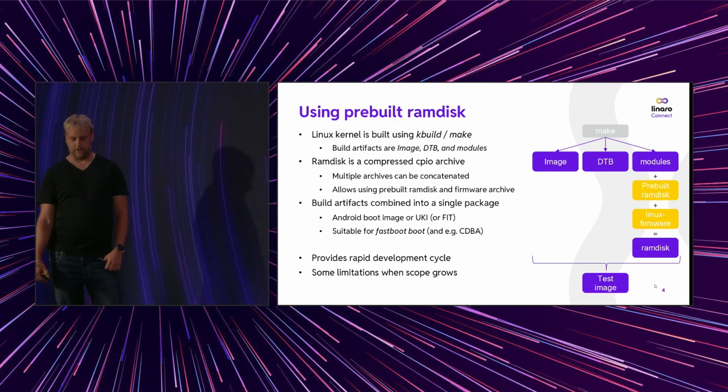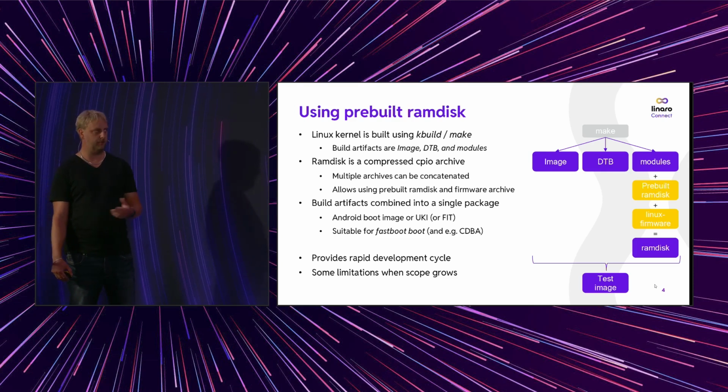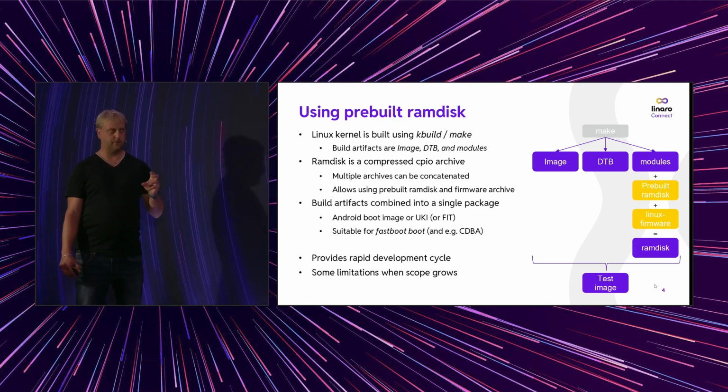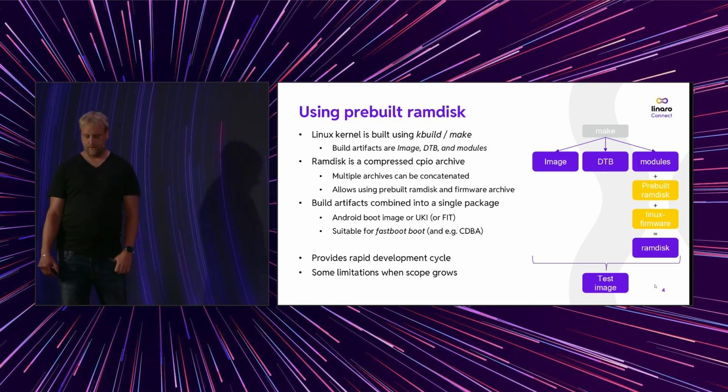We can do that either as an Android boot image, which is traditionally what we've used on the Qualcomm platforms due to the Android bootloader, or as a UKI, which is packing the same information, but in an EFI application. And that's a new thing that has come in the newer targets.